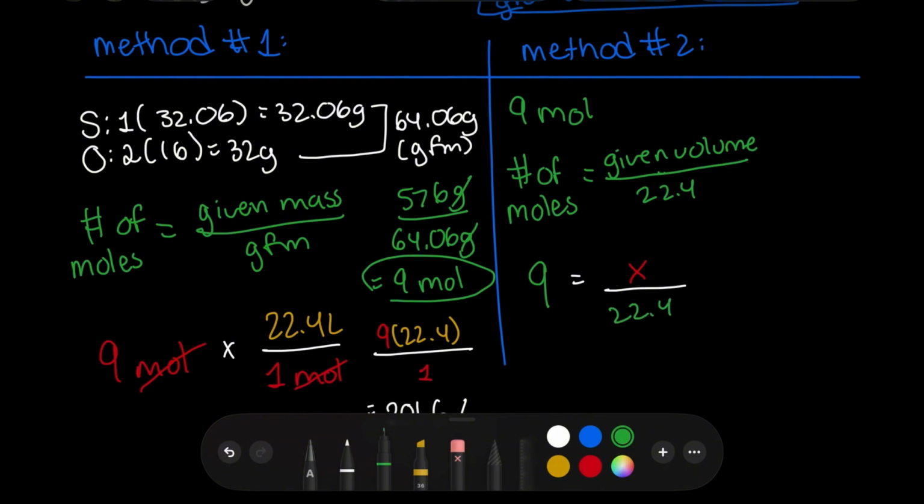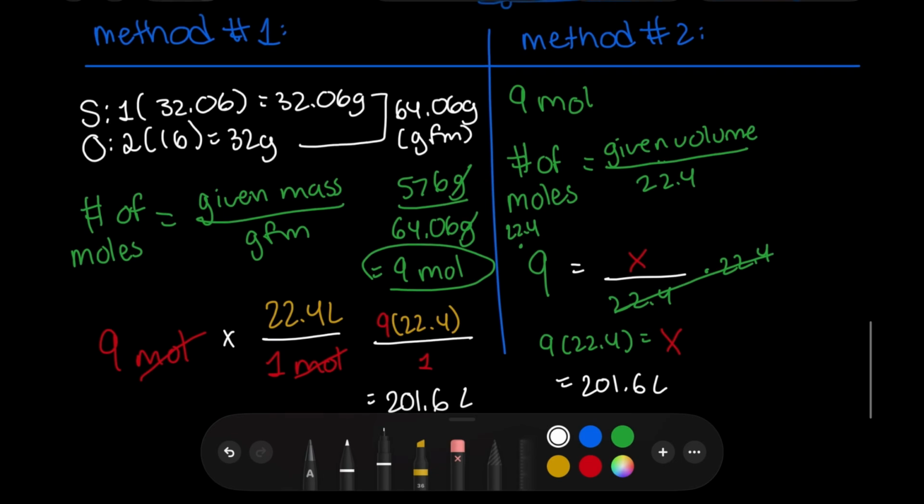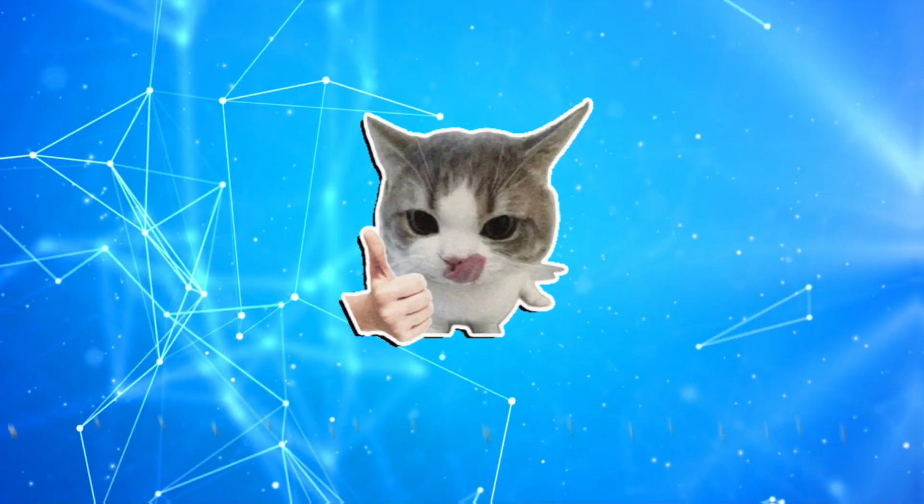So in order to isolate the x variable, we have to multiply 22.4 on both sides, which would cancel it out. And now we're left with 9 times 22.4 is equal to the x, which is the same thing as what we had here, which is equal to 201.6 liters. And that's how you know that you are correct.